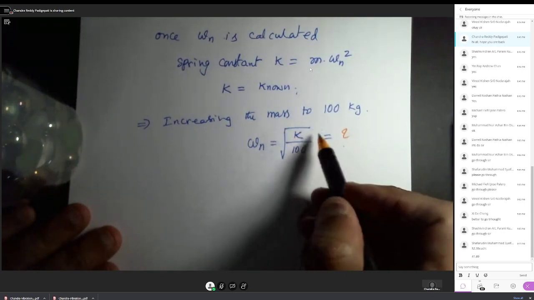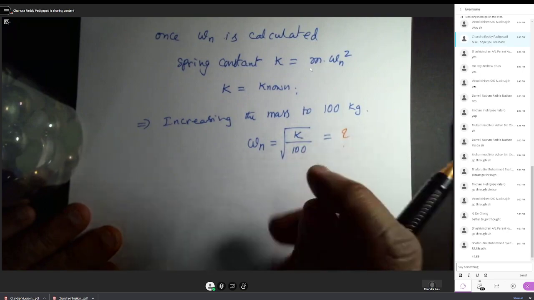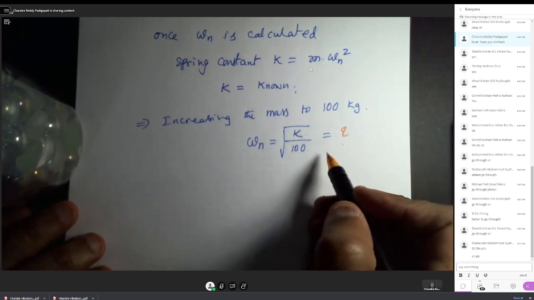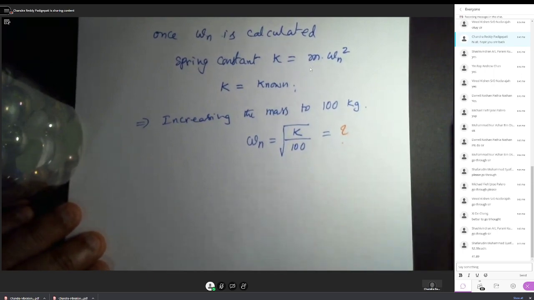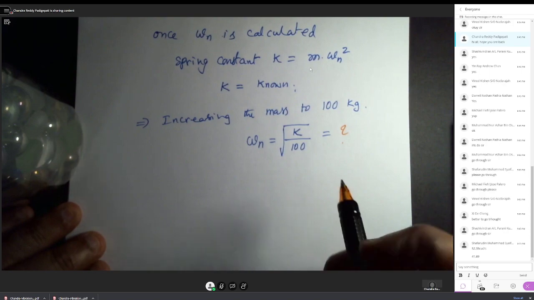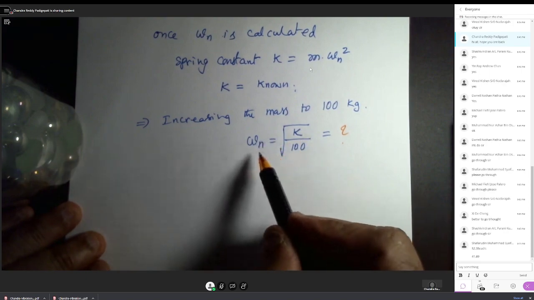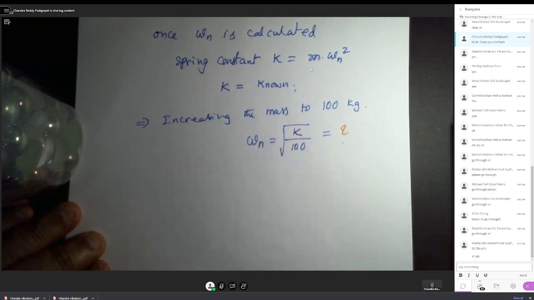Now you need to find out whether this natural frequency falls in the normal operating range. If it does, then resonance will take place.